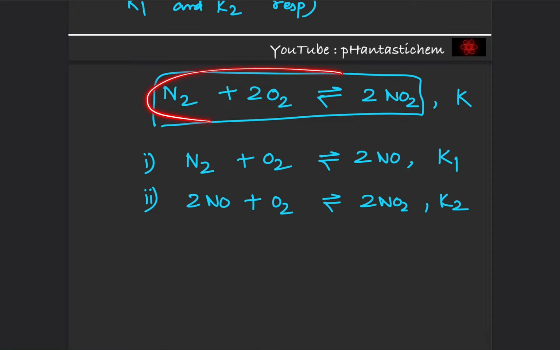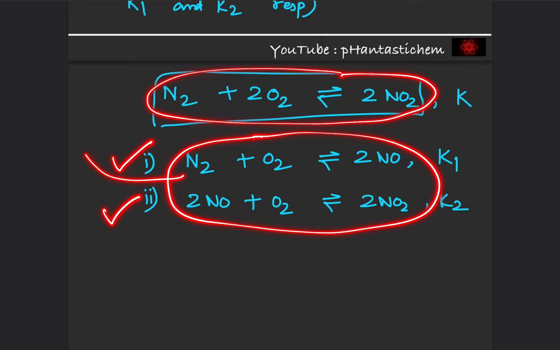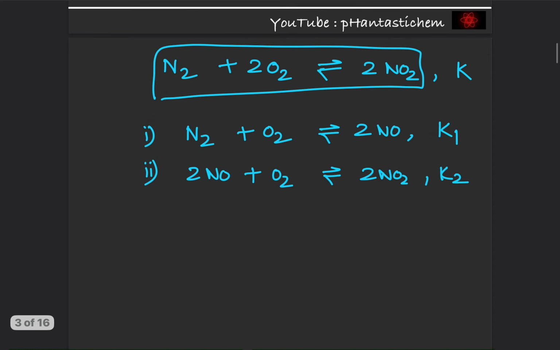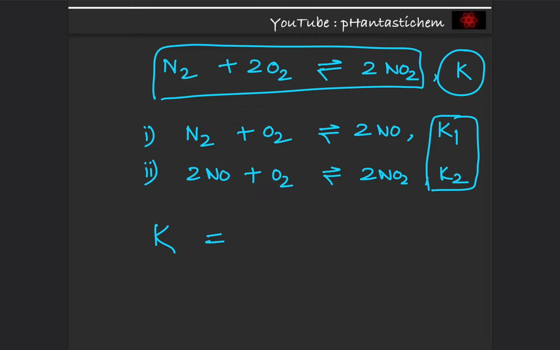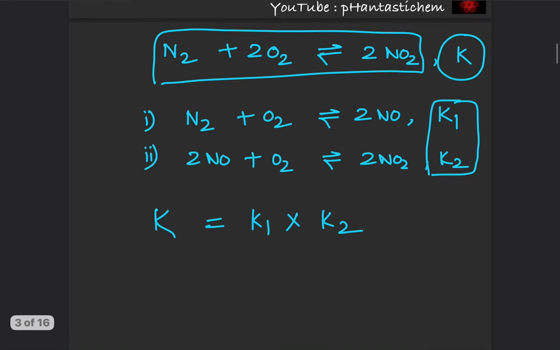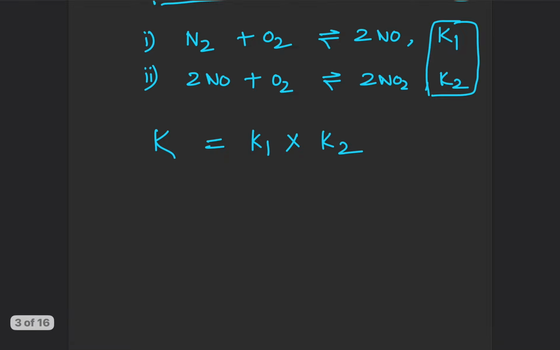So you can see this reaction took place in two steps. If you add these two, you're going to get the original equation, right? So whenever this happens, you can write the original equilibrium constant as the product of the equilibrium constants of the two steps in which it took place. So K will be equal to K1 into K2. Okay, so in this question they have given us two things.